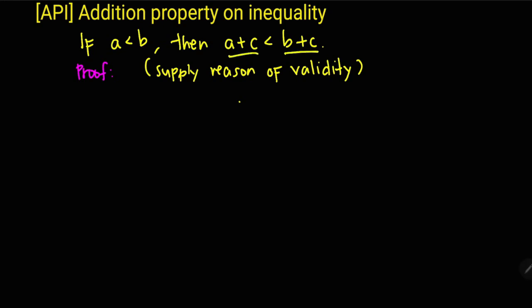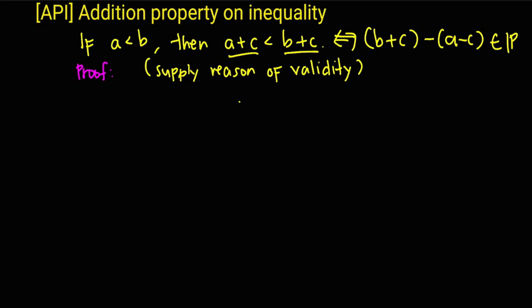You always follow the definition. Then you must get their difference, and their difference must be positive. So that's how we show that A plus C is less than B plus C.